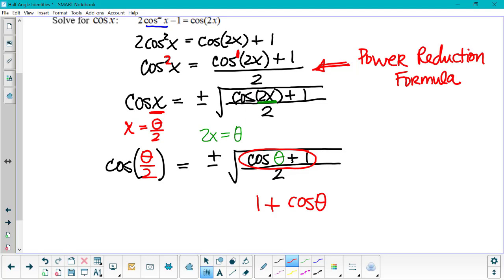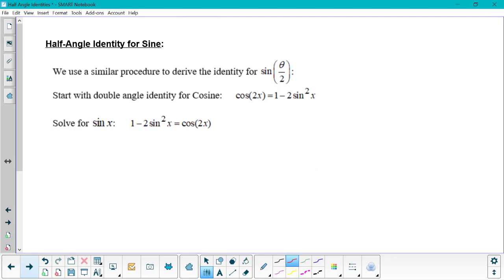But basically it's the same idea. We can use a similar procedure to find the sine of half of an angle. Start with the double angle identity that involves just sine and go through that same procedure. So I won't do it twice, it's basically the same.